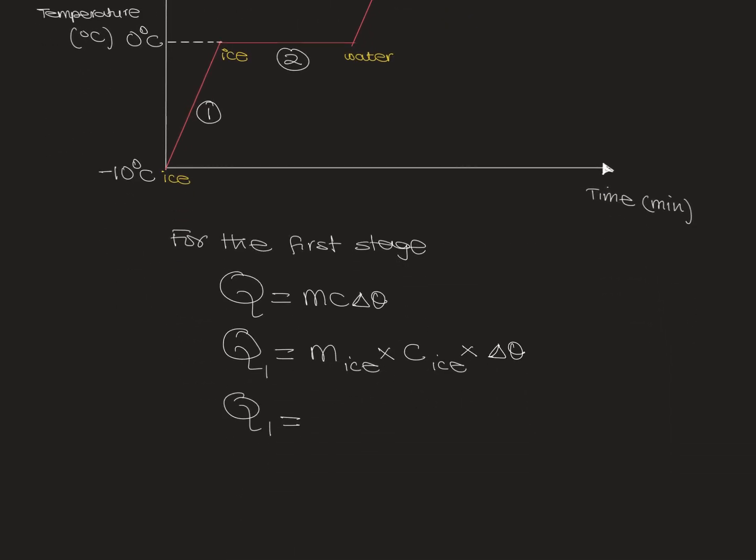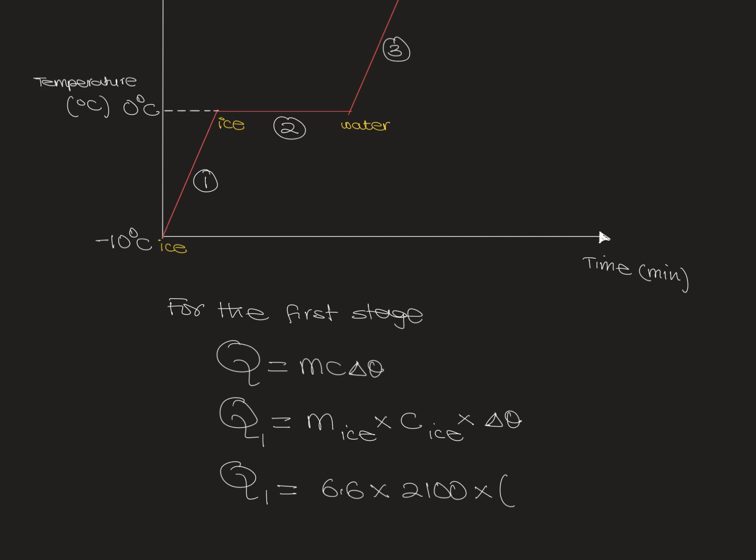So that is mass of the ice 6.6 kilograms times the specific heat capacity of ice, 2100 joules per kilogram per Kelvin, times the change in temperature during the first stage of the process, which is going to be the final temperature minus the initial temperature. So that is 0 minus 10.